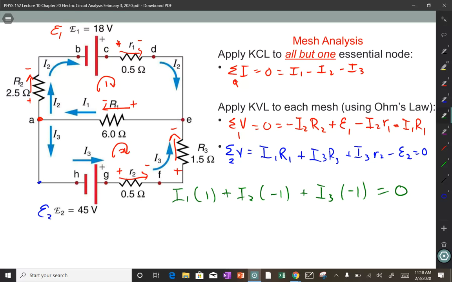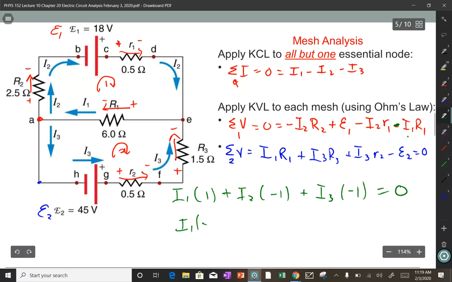First equation was pretty simple. Second equation, I1, that was a minus sign there. I1 appears here, so I have I1 times minus R1. I'm going to substitute for R1 its actual number here. So R1 was 6 ohms. I dropped off the ohms because it's going to make my life easier.